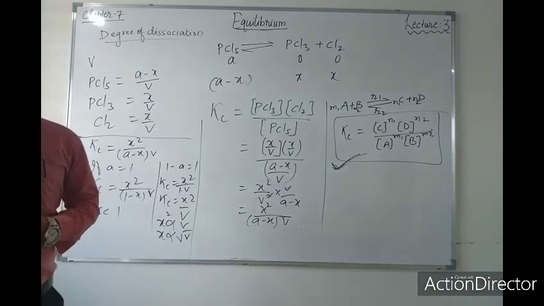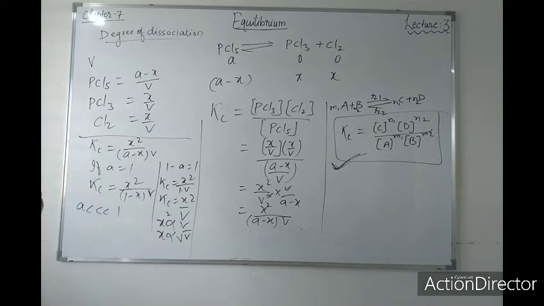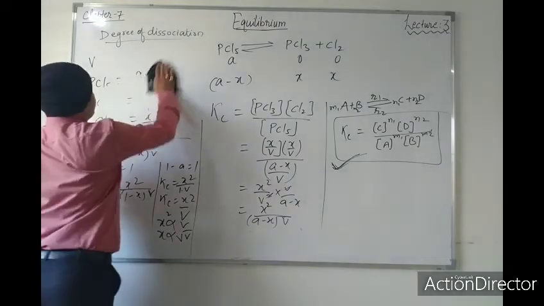Law of mass action as applied to the heterogeneous equilibrium. Just suppose I am giving you one reaction: calcium carbonate converts into calcium oxide and carbon dioxide.